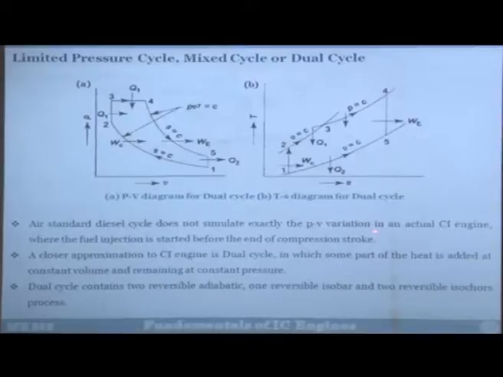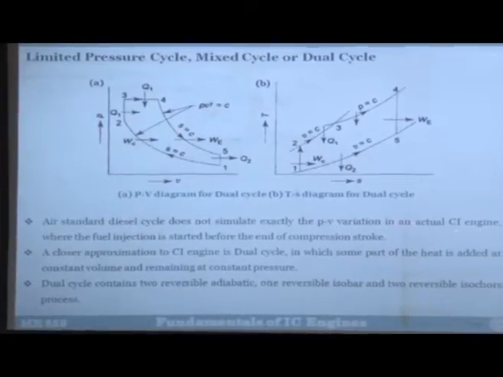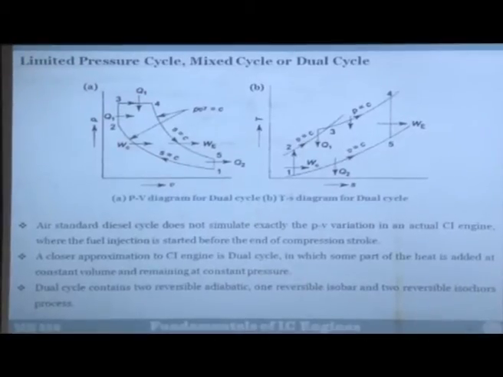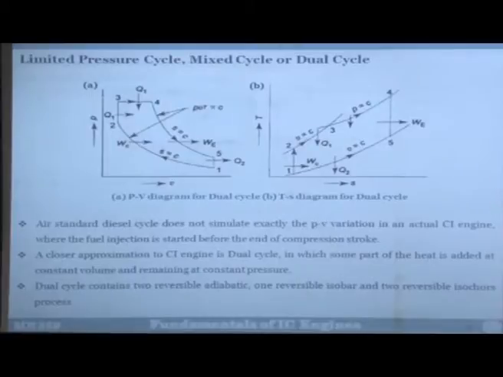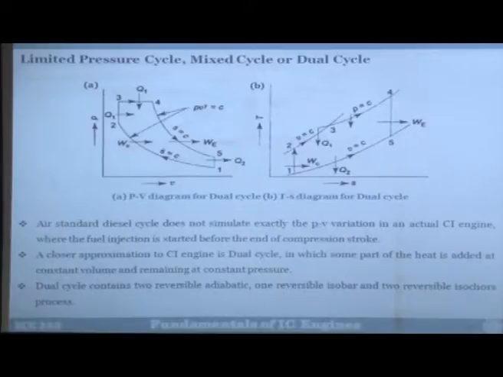The air standard cycle does not simulate exactly the PV variation of an actual CI engine, because here every process is an ideal process. A PV diagram drawn from an experimental engine shows the real processes, which are not ideal. Fuel injection is started before the end of the compression. In a real cycle we inject the fuel several degrees before TDC.